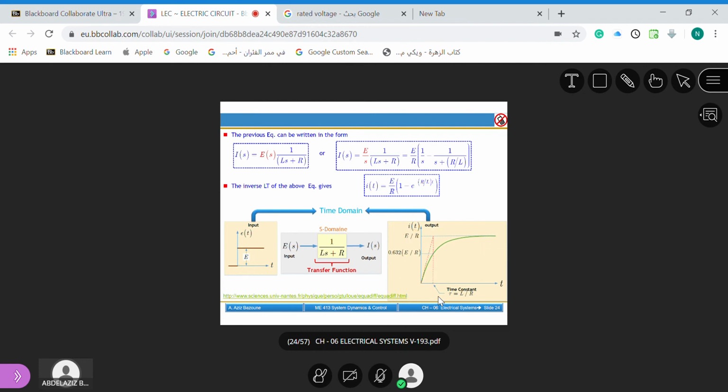Give me just 1 minute, Shabab. I will bring the relationship for this one. I just want to remind you, I will draw a line for the free response and you will see what it was. This is when we have the step input response. When we had the free response, I gave you this, if you remember. The free response here was at 37 or 36.8. The free response was behaving like this, and the step response is behaving like this one.